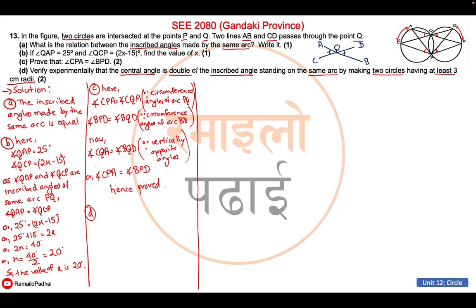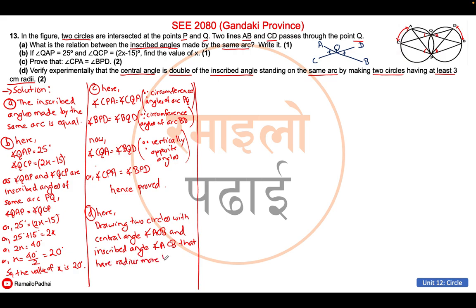Verify experimentally that the central angle is double the inscribed angle standing on the same arc. Okay. Here, drawing two circles with central angle AOB and inscribed angle ACB that have radius more than 3 centimeters.